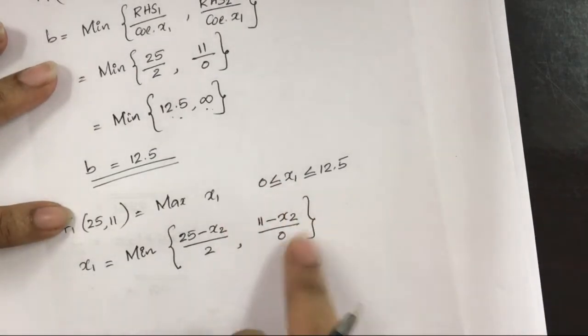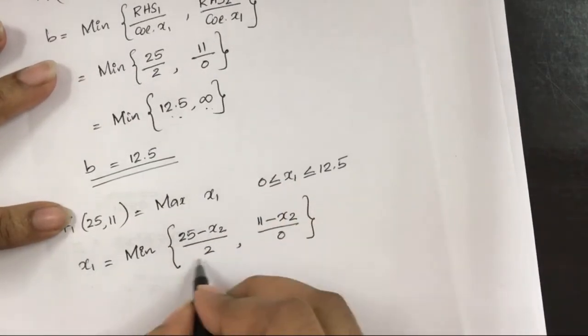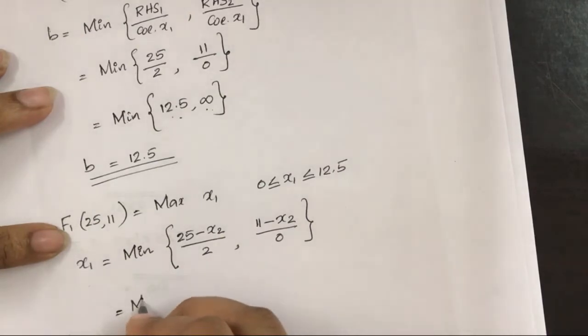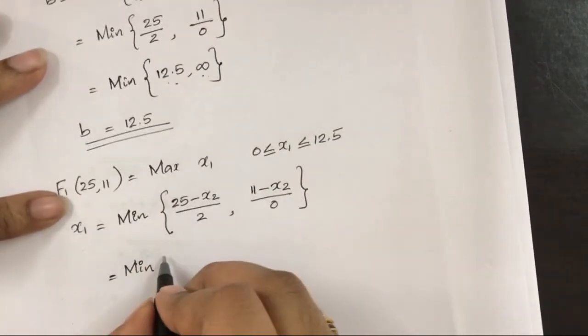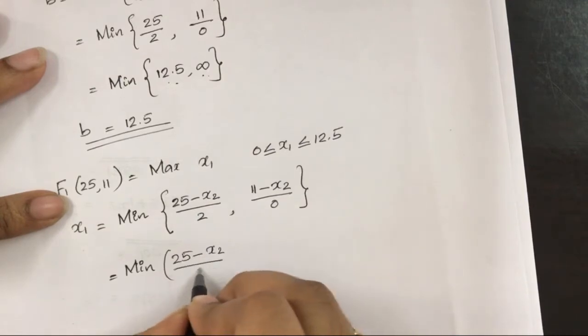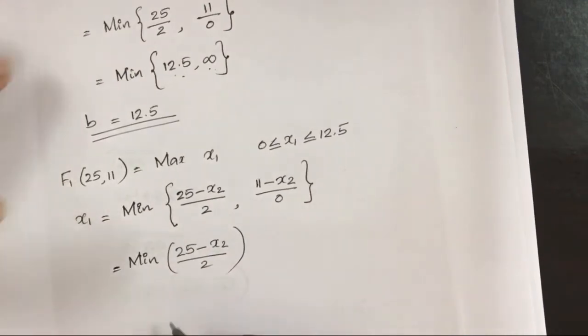This term is infinity. So minimum is this value, that is x1 is equal to minimum of 25 minus x2 divided by 2.